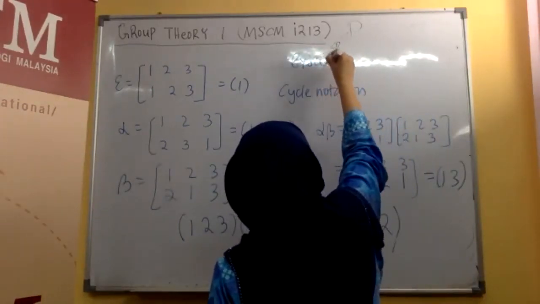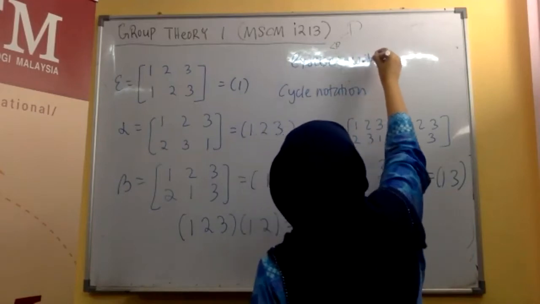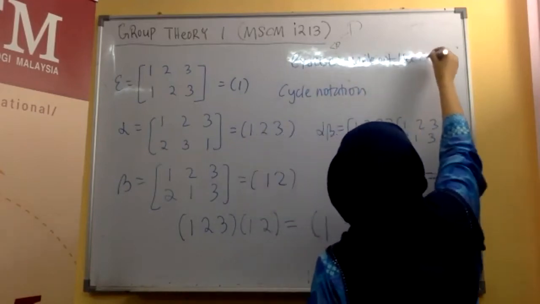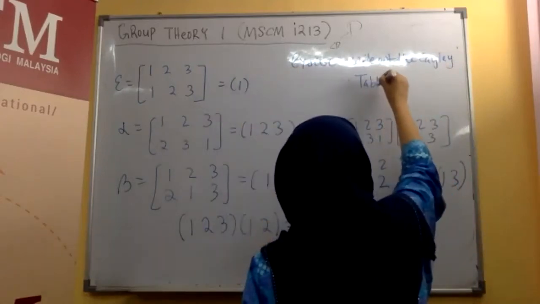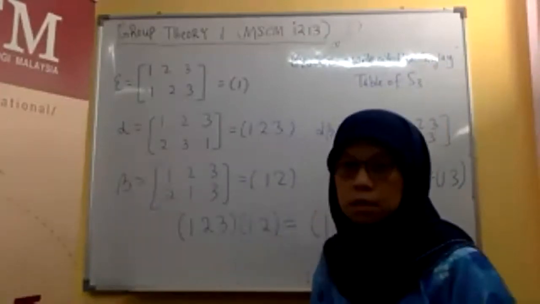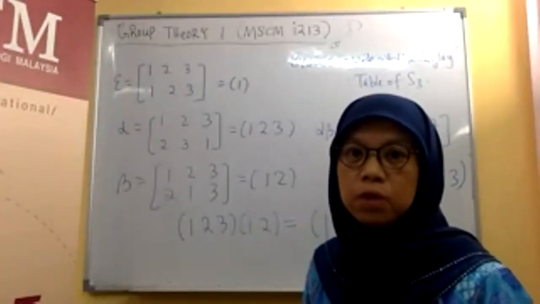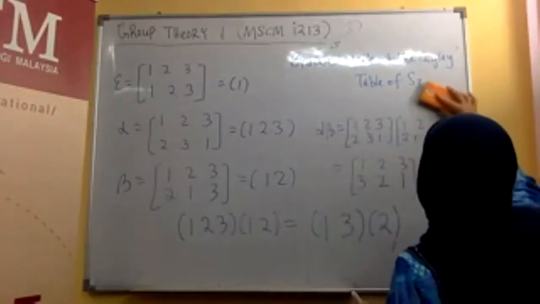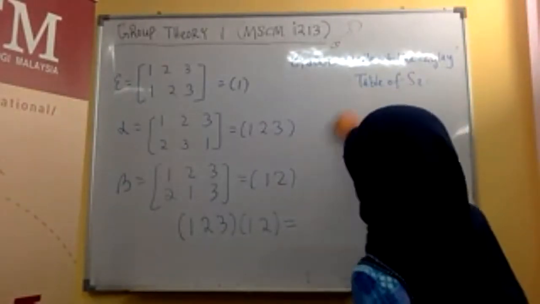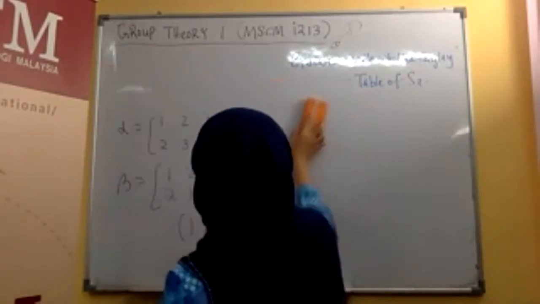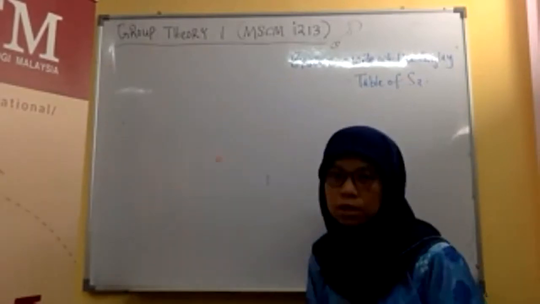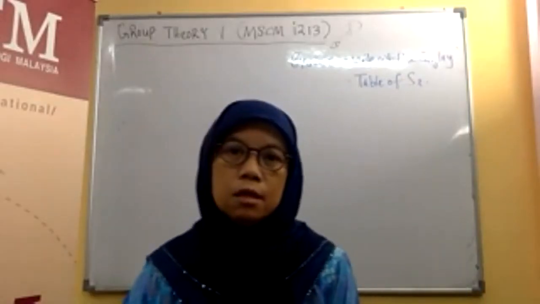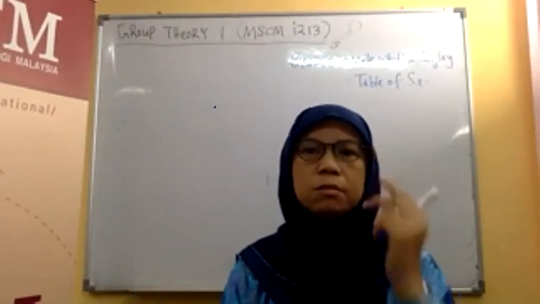Exercise. Just for you to probably remind you again what is S3. Okay, so what you will see throughout these chapters is to find the order of the elements in the symmetric group.